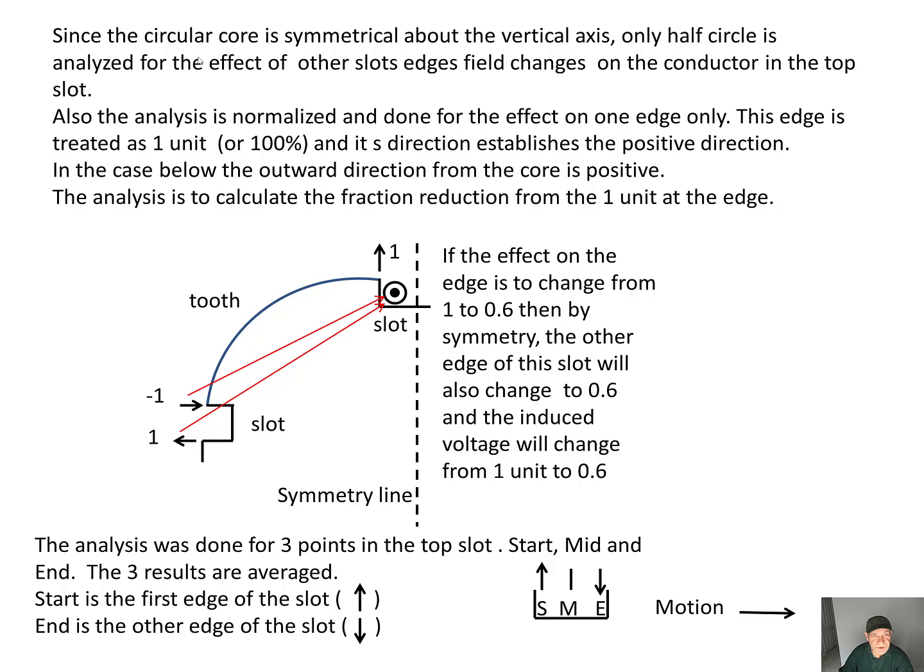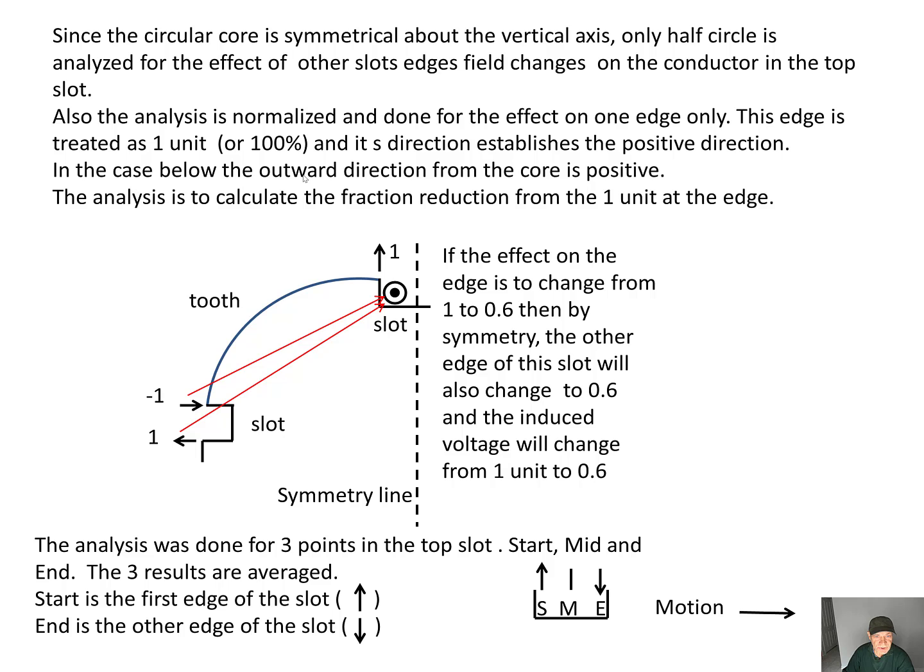Since the circular core is symmetrical about the vertical axis, only half of the circle is analyzed for the effect of other slot edge field changes on the conductor in the top slot. Also, the analysis is normalized and done for the effect of one edge only. This edge is treated as 1 unit, 100%, and its direction establishes the positive direction.